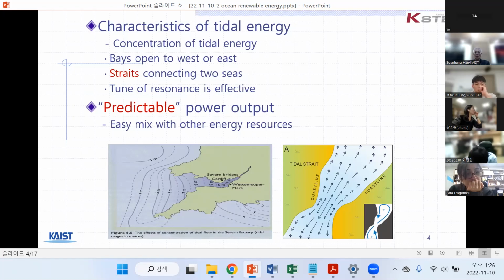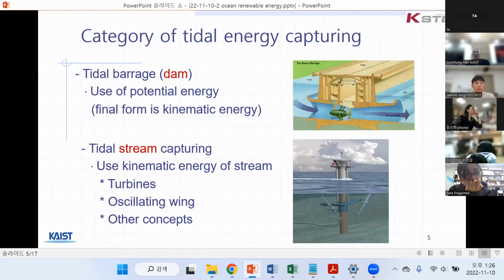Other energy resources which are not stable, we can mix them together with regular power sources like this tidal force. And for tidal energy capturing, there is a dam type, which usually uses potential energy.